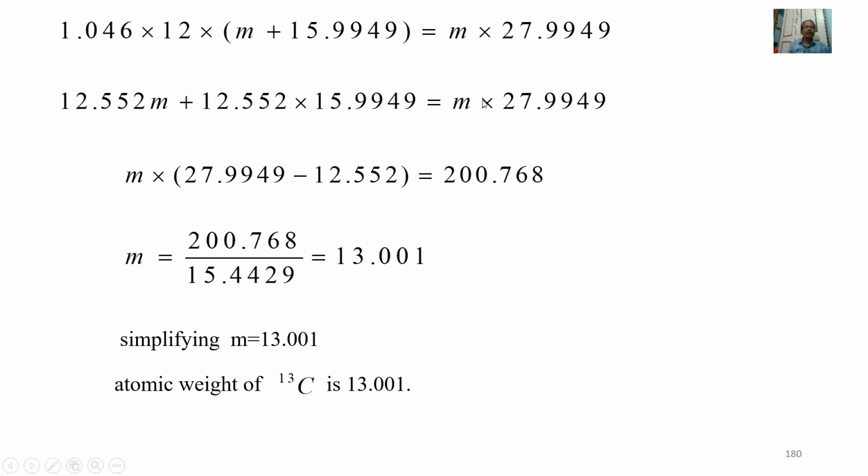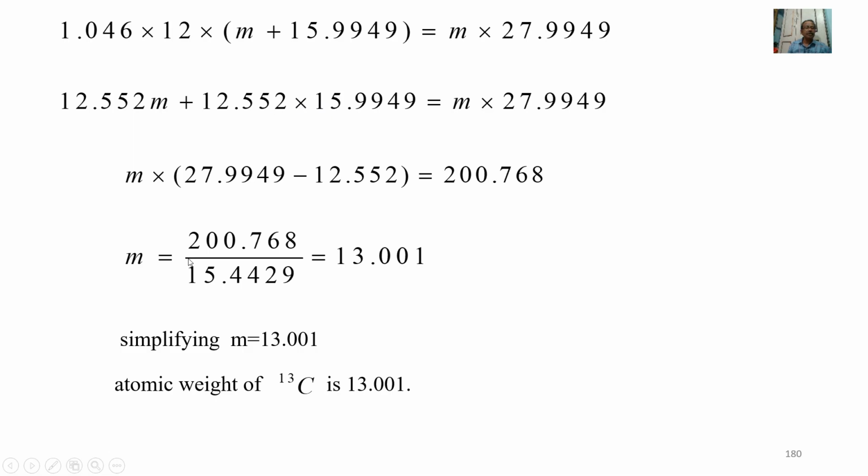Now you just bring this 12.552 term to that side. I'm taking m common out, so that will give us m times 27.9949 minus 12.552, which is equal to, so this term will give us this second term. Second and third term will give us 200.768.